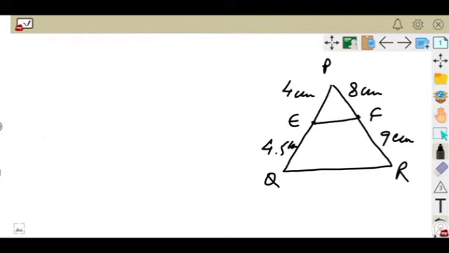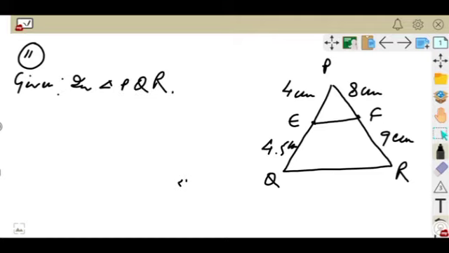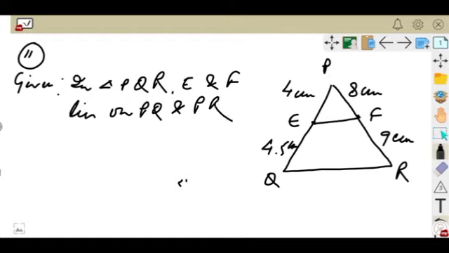We have row 1 figure 2. First we'll write given. In given, I'll write in triangle PQR, E and F lie on PQ and PR respectively.